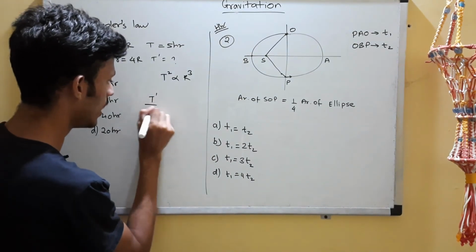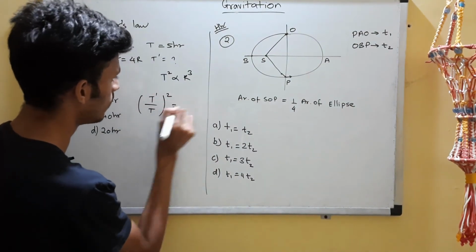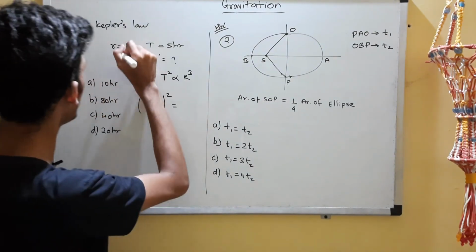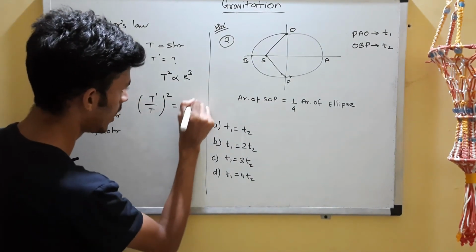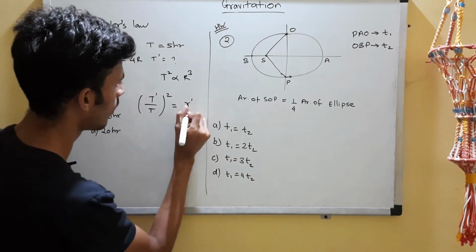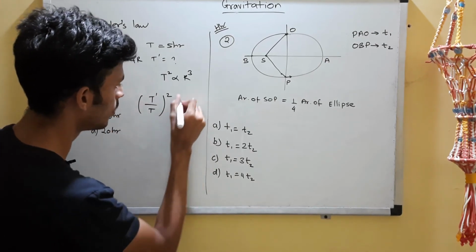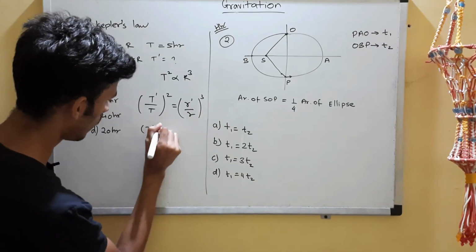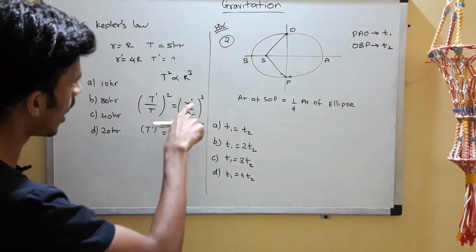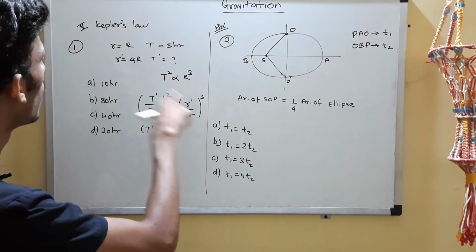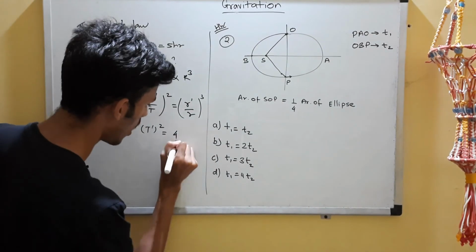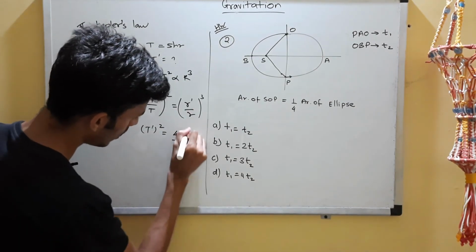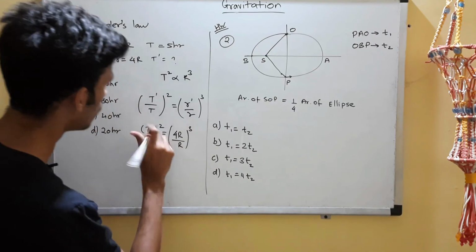(T'/T) whole squared is equal to (R'/R) cubed. So T' square will be (4R/R) cubed into T square.